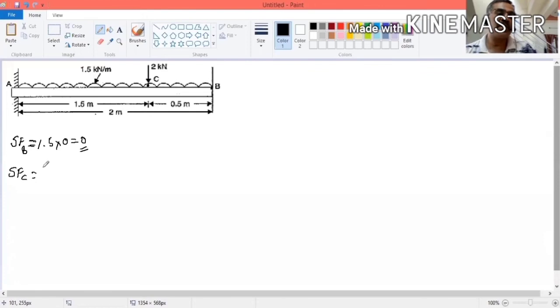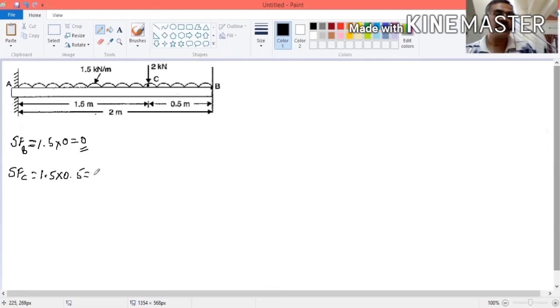Without this point load, what is the shear force? You consider the right side. What is the load? 1.5 kilonewton per meter. Then what is the distance? You have to consider only the right side. The distance is 0.5 meter. So this is the load at point C without considering the 2 kilonewton. How much is it?